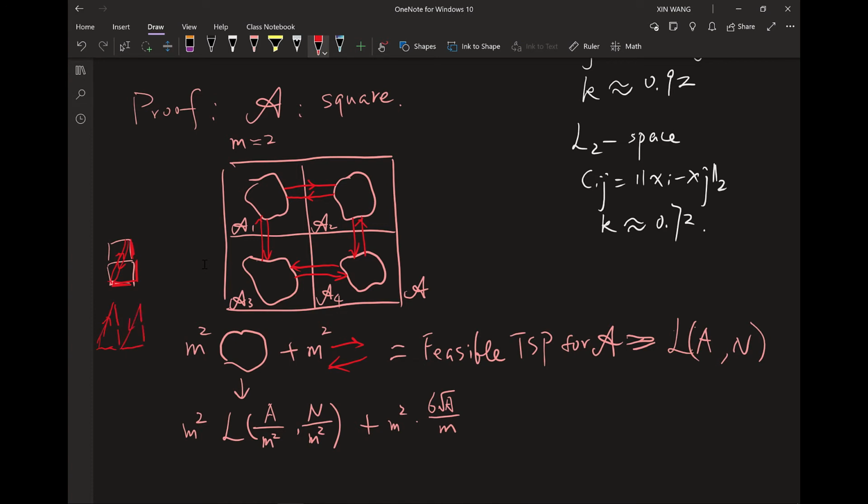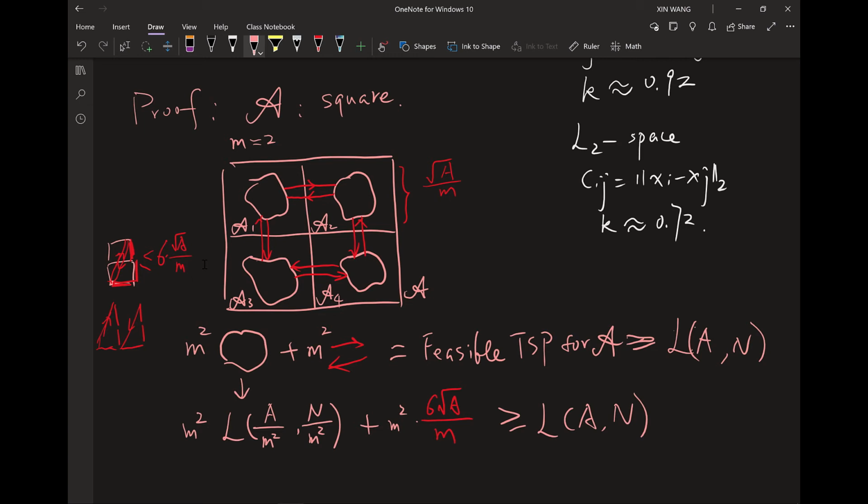So the connection of these two sub-tours will be less than 6 times the edge length, and the edge length is the square root of a divided by m. So we have this term, and then we have the general TSP tour.